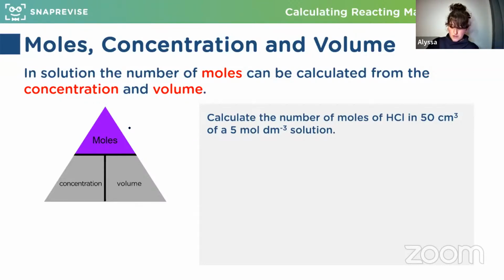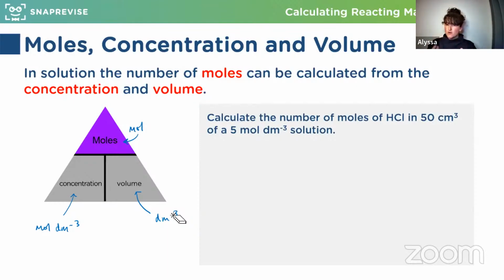The unit for moles is mole, concentration is mole per decimeter cubed, and therefore our volume needs to be in decimeter cubed. This has probably been drilled into you that we need to make sure we have volume in decimeters cubed, not per decimeter cubed, decimeters cubed.